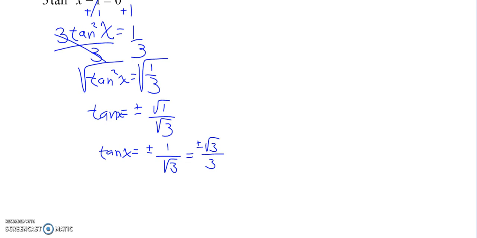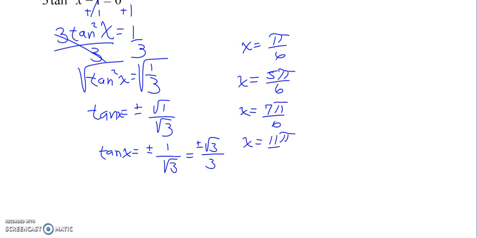Technically it happens at pi over 6. It also happens at 5 pi over 6. Now the next place it happens is at 7 pi over 6, and it also happens at 11 pi over 6. The plus or minus values, the positive or negative radical 3 over 3.